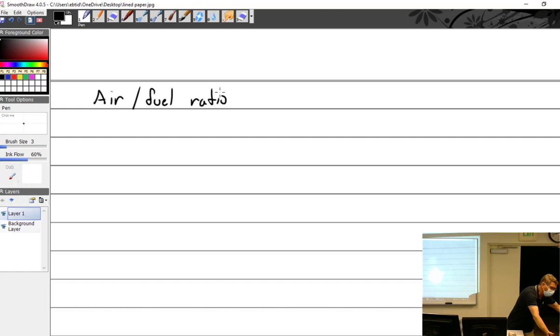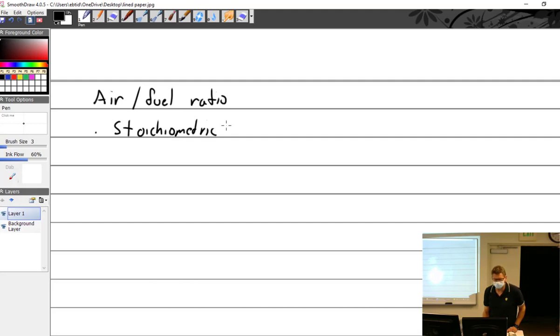I can ask this side, what is stoichiometric? 15 to 1. There we go. So there's a word called stoichiometric, which is a fancy word for the chemically correct amount of air to fuel.